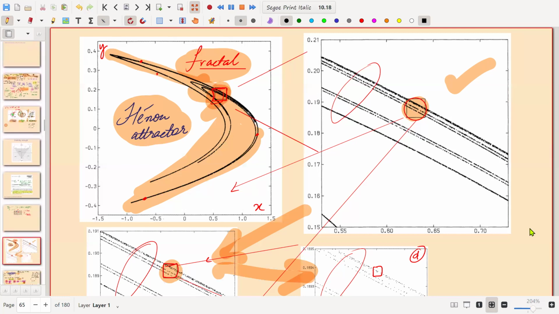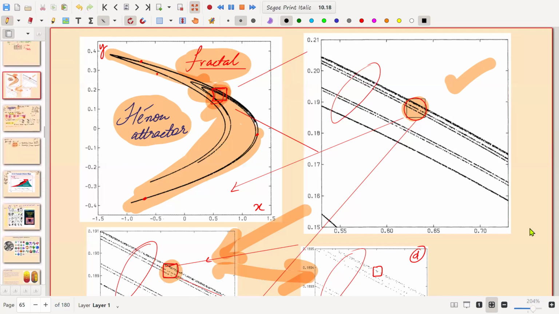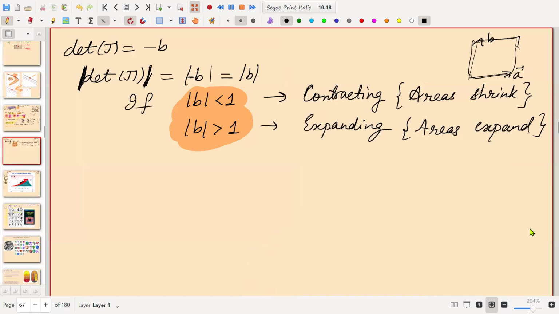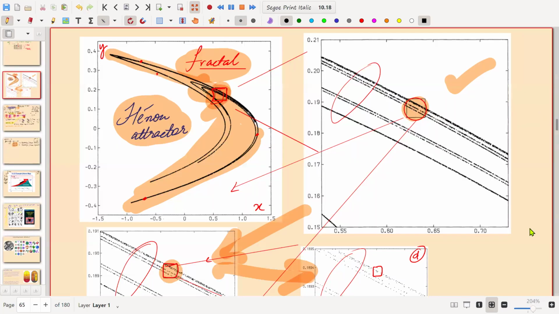Maybe I can write it here. But yes, suppose this is the Hénon attractor. Let us go back here. Actually, you can find a trapping region, like suppose this is like this. Okay, this green region, I can color code if you want.